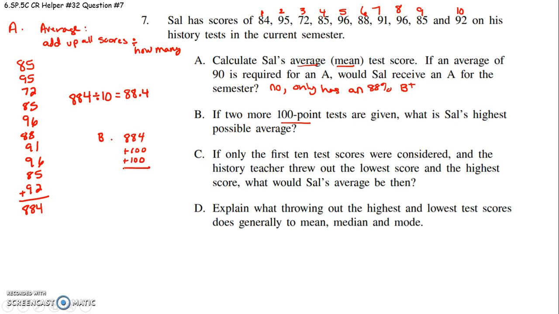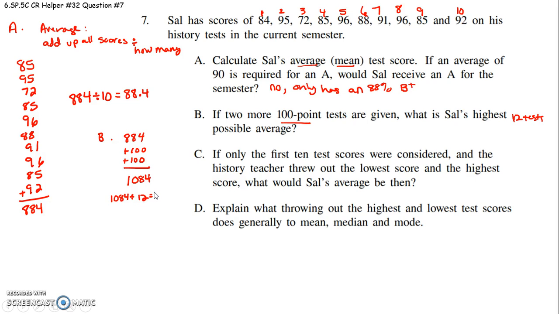So 884 plus 200 gets you up to 1,084, but now he doesn't have 10 tests, now he's up to 12 tests. The original 10 and now 2 more. So you got to take 1084, and we're going to divide that by 12.